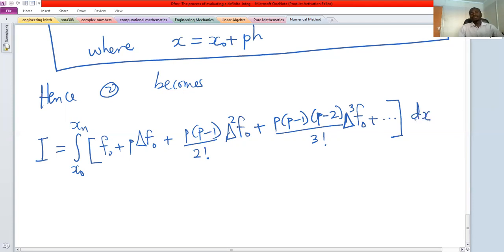So what I've just done is to replace f of x by this Newton forward difference formula. Let's call this one 3.